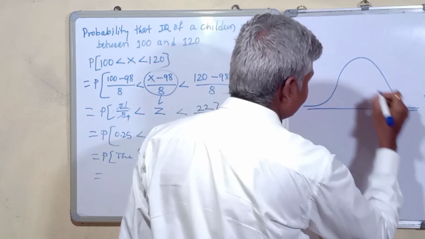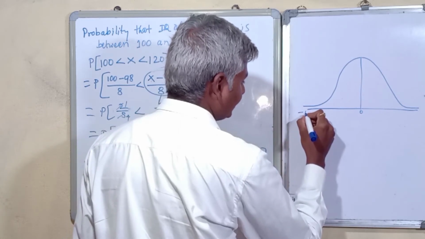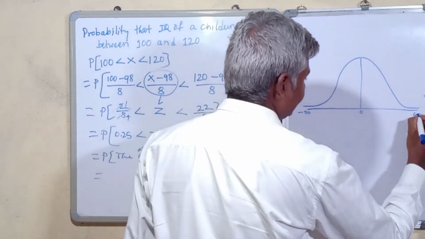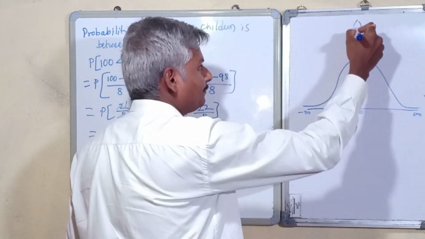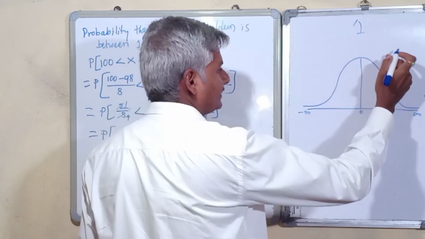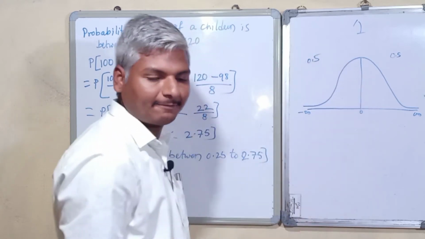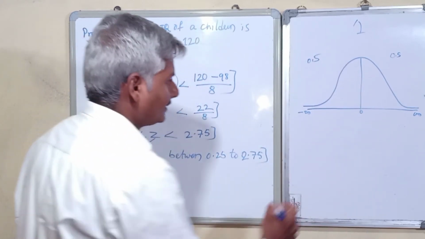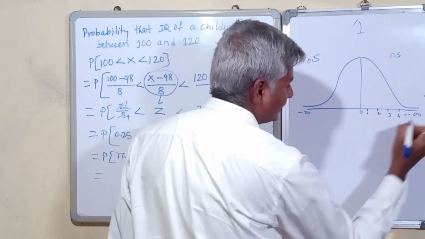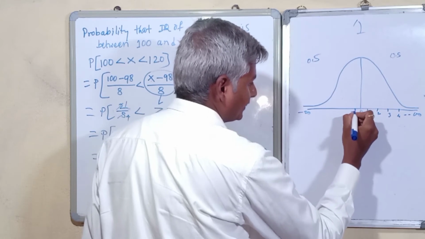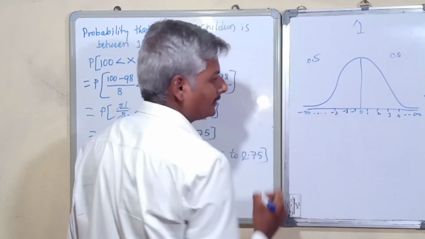It is a normal distribution curve. In the center I write 0, the left hand side is minus infinity and the right hand side is infinity. You already know the whole area of a normal distribution is 1. The left hand side is 0.5 and the right hand side is 0.5. Here I will mark 1, 2, 3, 4 till infinity, and here -1, -2, -3 till infinity.